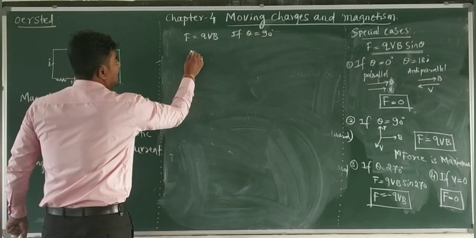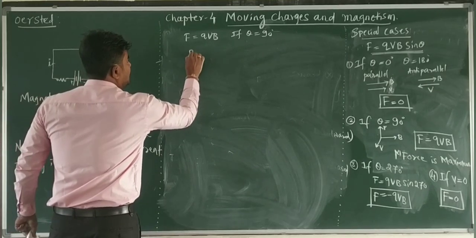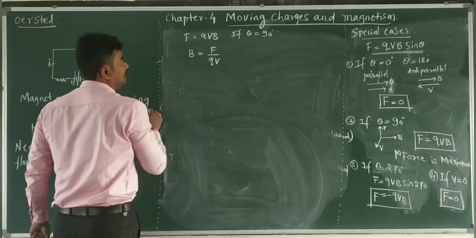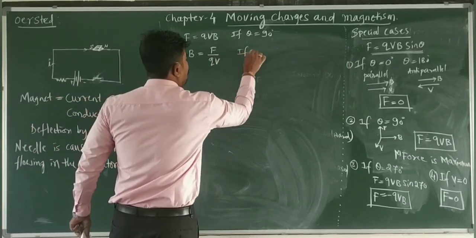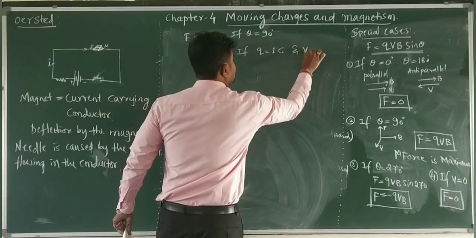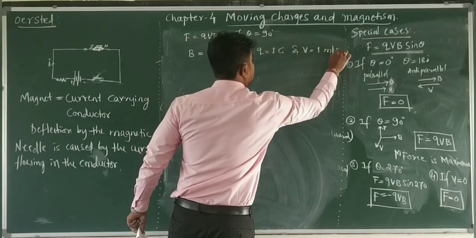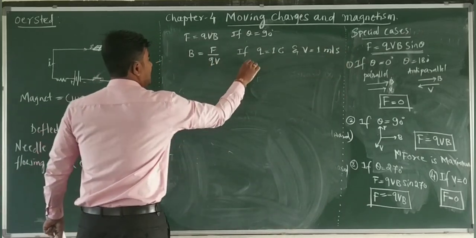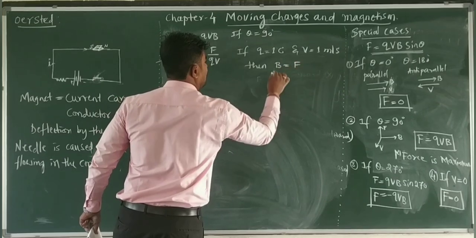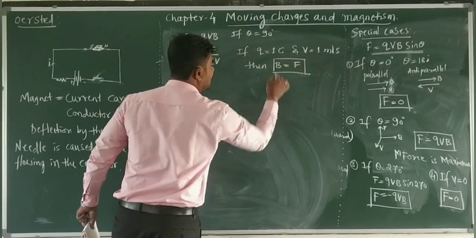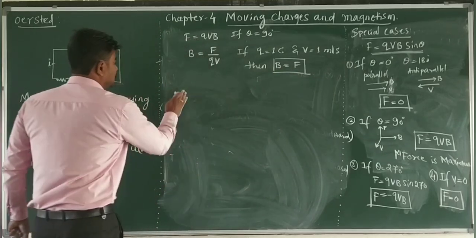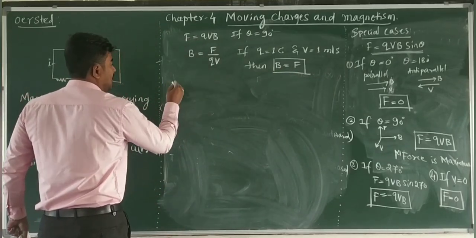I can write it as B is equal to F divided by Q into V. If Q is equal to 1 coulomb and V is equal to 1 meter per second, then B is equal to F. It means the magnetic field at that point is nothing but the force. So one more definition for magnetic field.